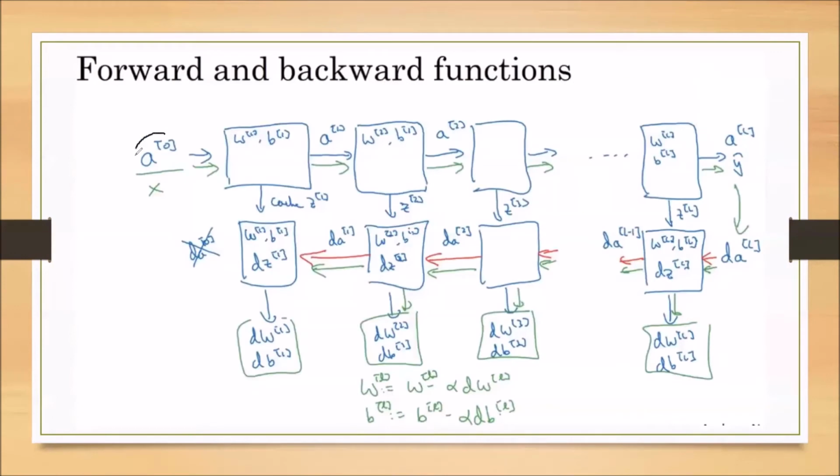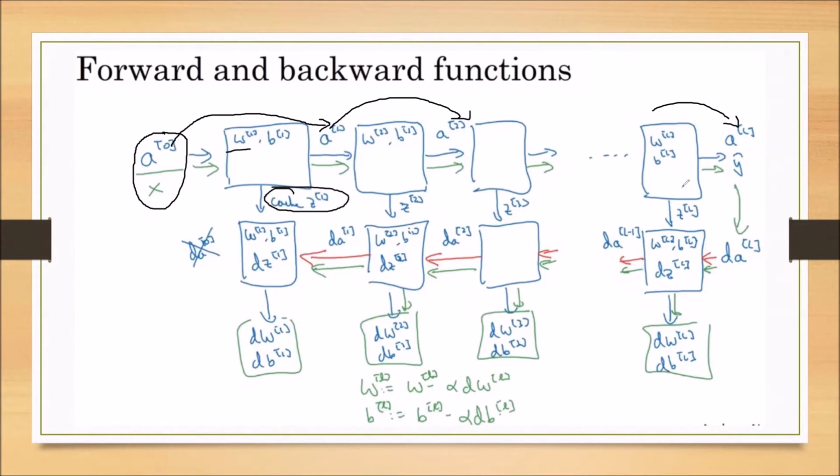So first, we have taken X, which is nothing but A superscript 0. By using this A[0], we have calculated A[1], and from this we have calculated A[2]. Finally, we have calculated A[L], the predicted output. Every time we have cached Z[1], Z[2], Z[3] and so on.